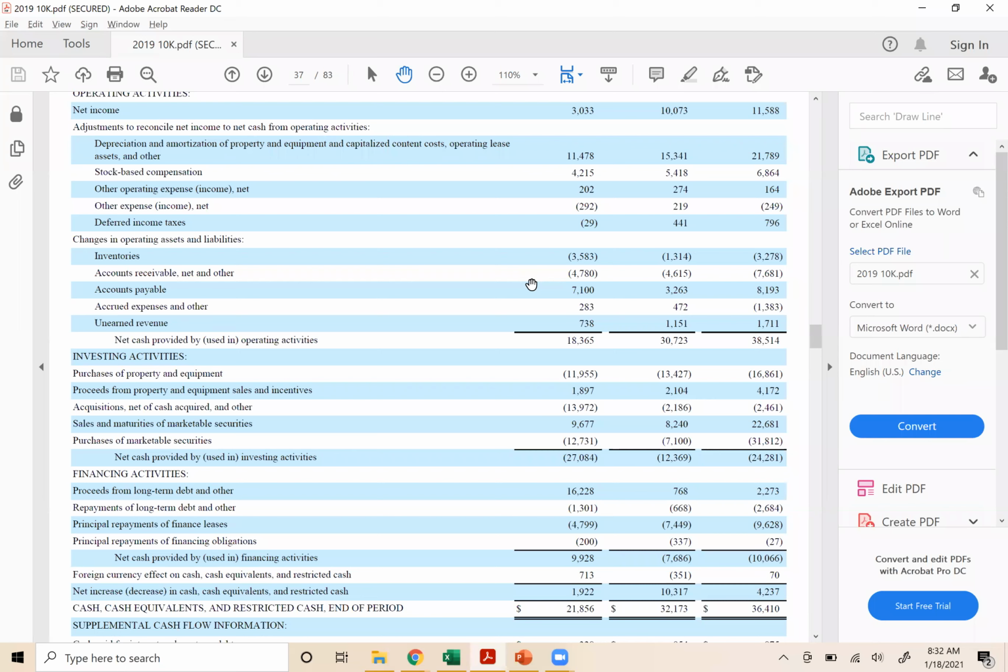Very important for us, because we're going to build our own operating working capital statement, that we have these line items completely identified. I'll talk about it a little bit when I put together the Amazon book, but sometimes you'll see line items in here that are not directly related to operating working capital.